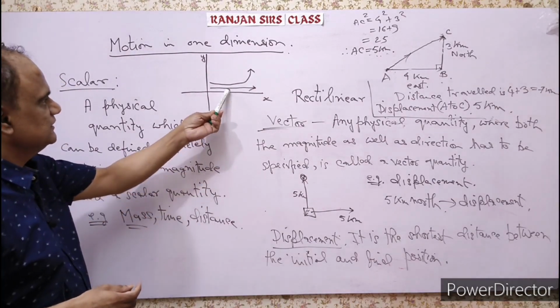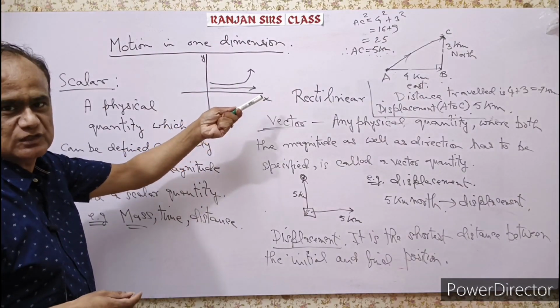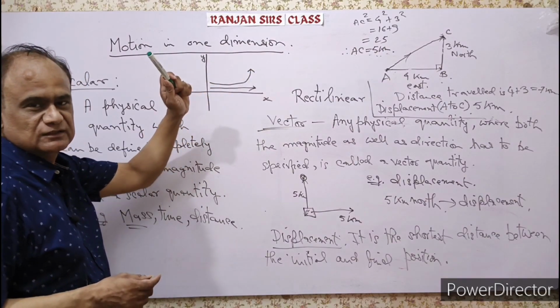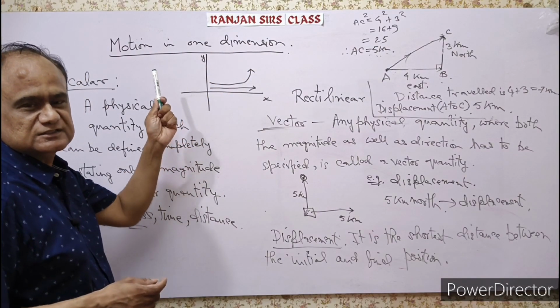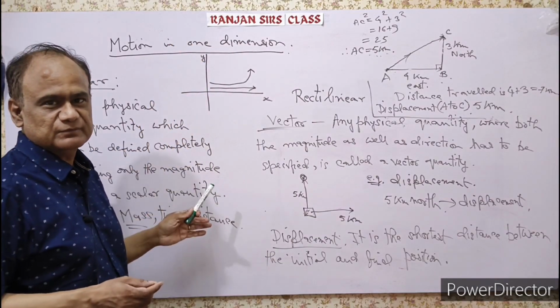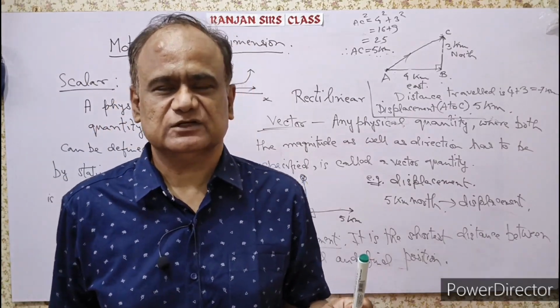And what was rectilinear motion we discussed in the beginning? That is, motion along a straight line is called rectilinear motion, or motion in one dimension, or linear motion. These are the terms that are used for motion in one dimension. Okay, so now you have got a basic idea about a scalar and a vector quantity.